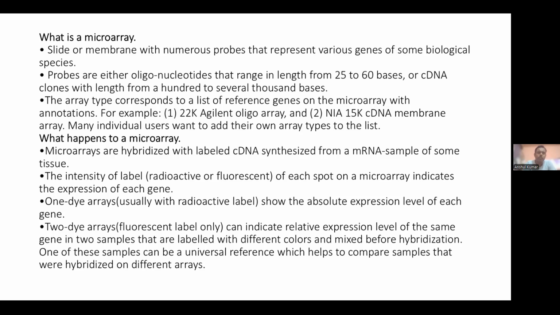A microarray is a slide or membrane with numerous probes that represent various genes of some biological species. Probes are either oligonucleotides that range in length from 25 to 60 bases, or cDNA. cDNA is DNA made through the process of reverse transcription. It means that first the DNA is either in the form of RNA, or it is converted from DNA to mRNA, and from mRNA, through the reverse transcriptase enzyme, it is converted into cDNA.